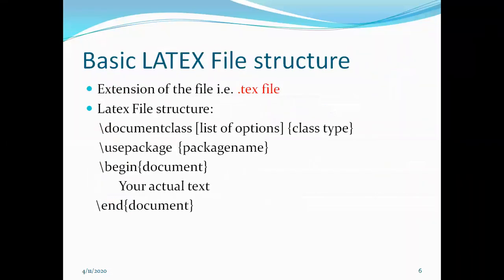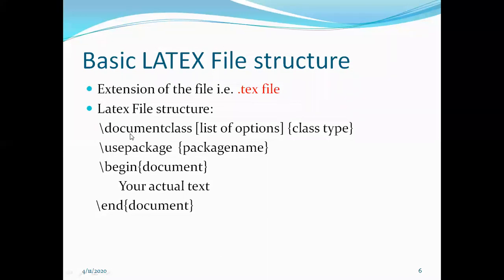So basically, this is the LaTeX file structure. If you want to create a file, the file extension should be .tex. For example, a Java file has the extension .java. Similarly, a LaTeX file has the extension .tex. Then, you want to create the code for LaTeX. It should begin with the document class, right?